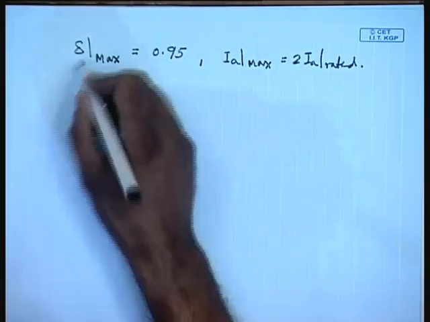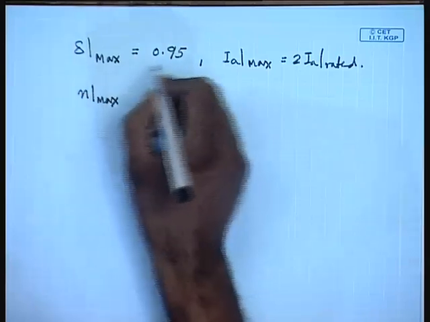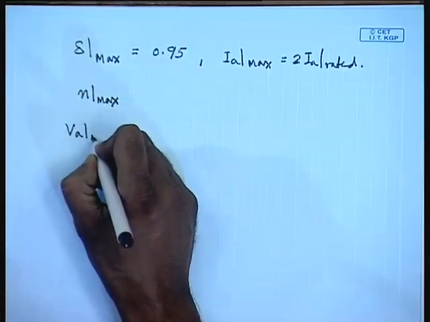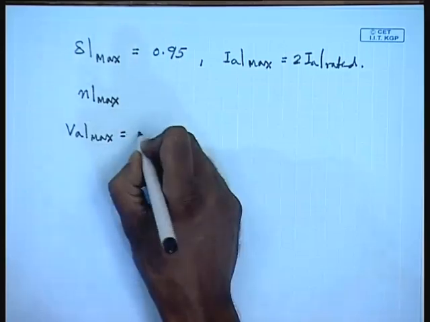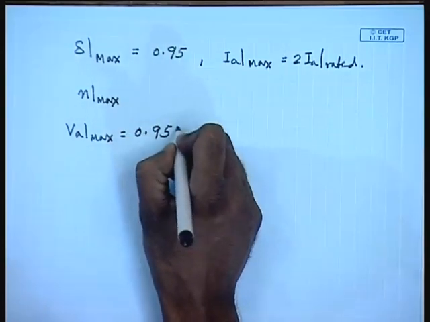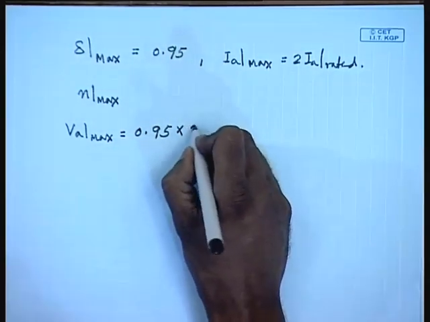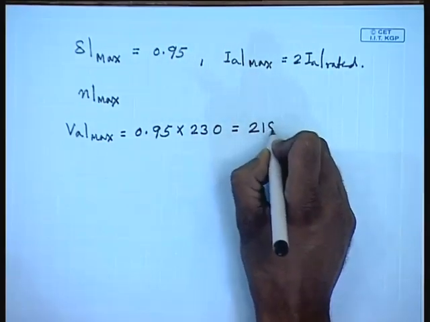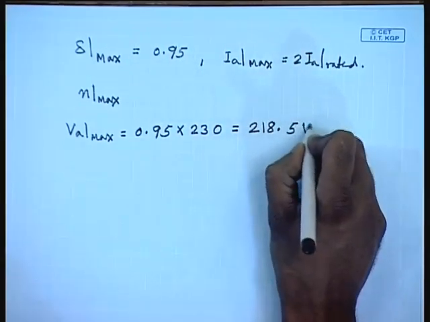Now, since the maximum value of delta is 0.95, VA maximum is 0.95 into 230 equal to 218.5 volts.